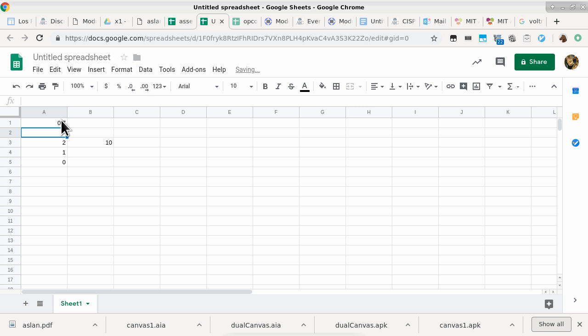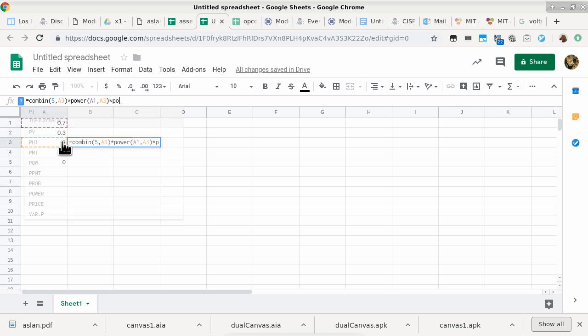So we got 0.7, and then we got 1 minus 0.7. Okay, so we need to multiply that by this one to the power of 2, times the second one to the power of 5 minus this number.